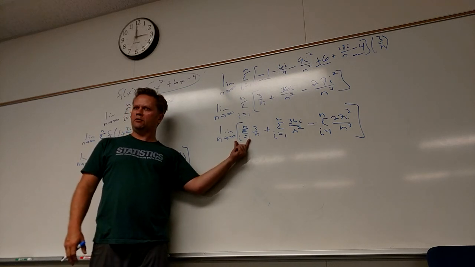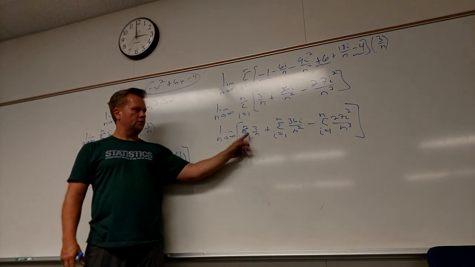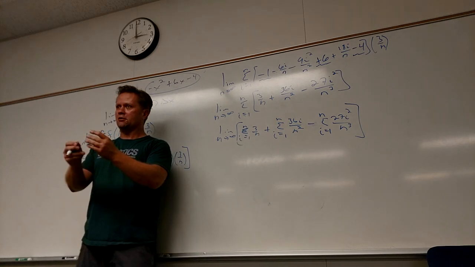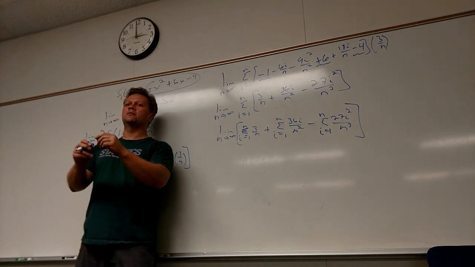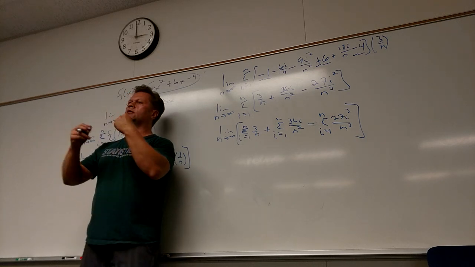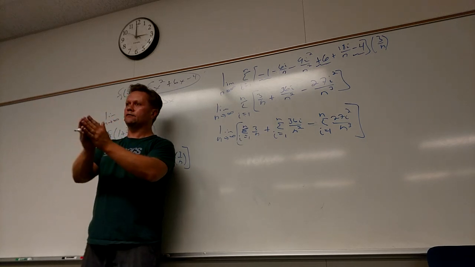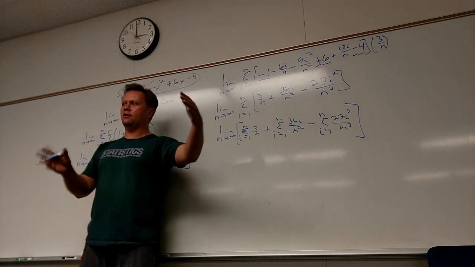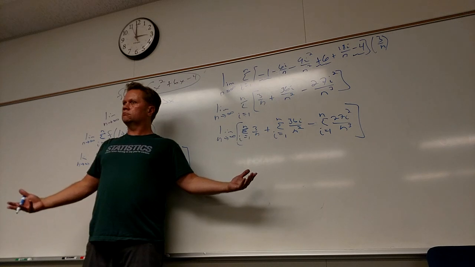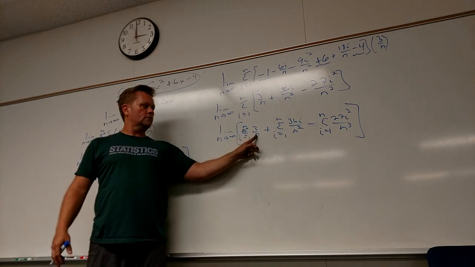Which one is the variable, which one's the constant? What does this mean, i equals 1 to n? That means that i is taking on the values from 1 to n. So isn't i the one that's varying? Isn't i the variable? And isn't n some set number? So n is a constant.